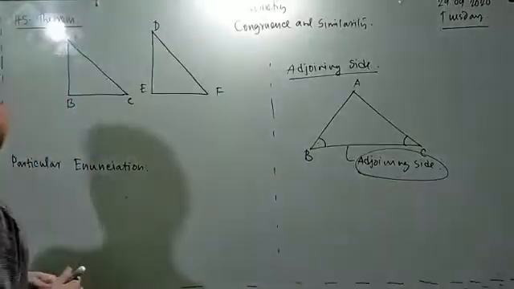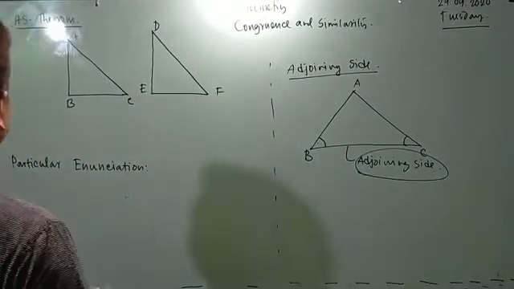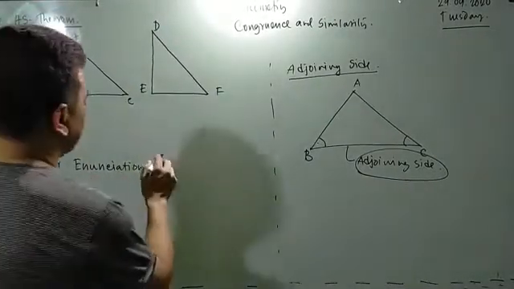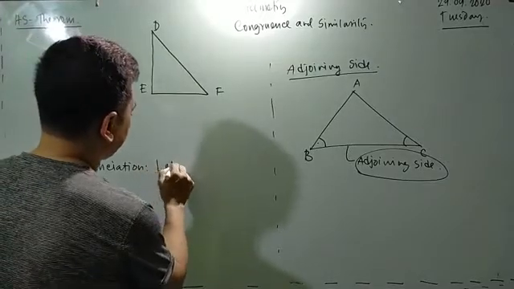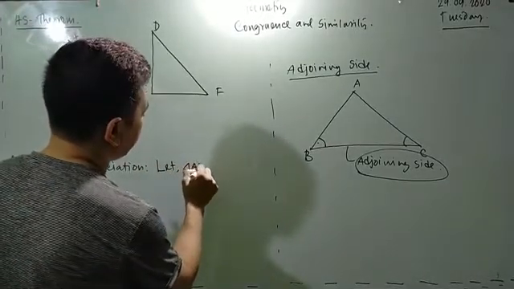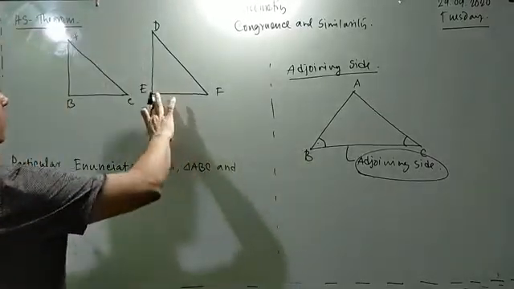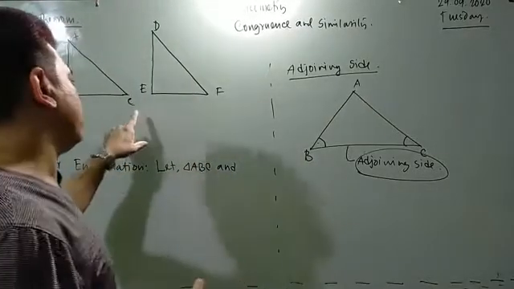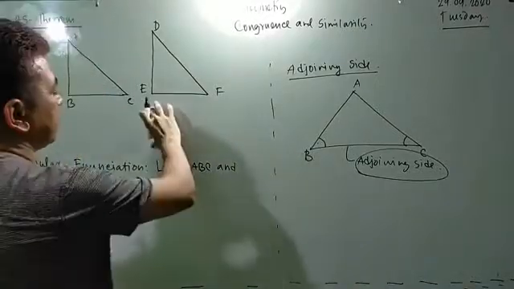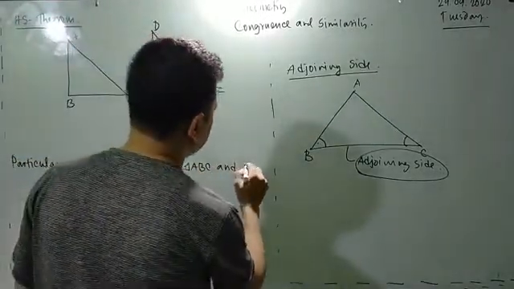So let's see the particular enunciation. Let ABC and DEF be two triangles. I have taken some space here because there is also a little construction, so that is why.